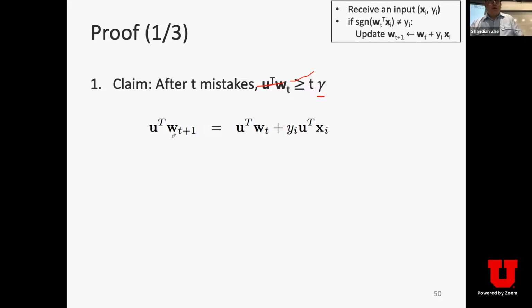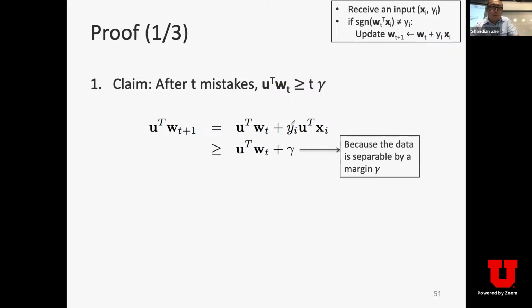If we look at u transpose wt plus 1, because at step t we made a mistake, according to the updating rule, wt plus 1 will be wt plus yi times xi. Then you do the inner product between u and the updated weight vector. You can represent it as u transpose wt plus yi u transpose xi.